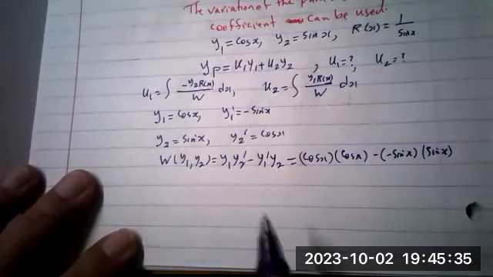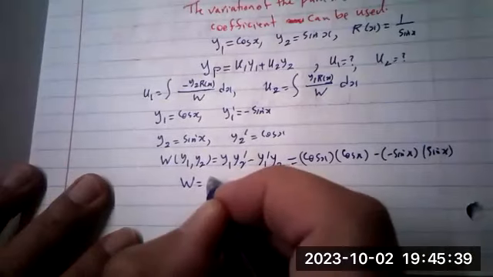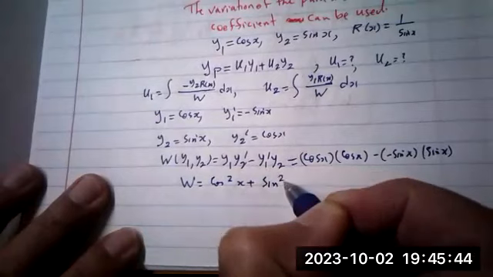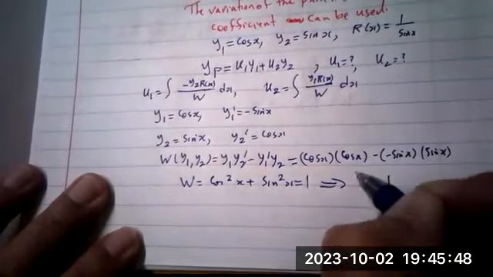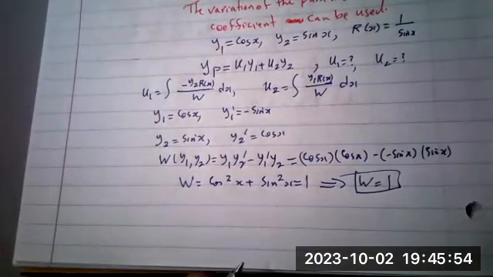The result is cosine squared x plus sine squared x, which is 1. Nice, the Wronskian is 1. Any question?